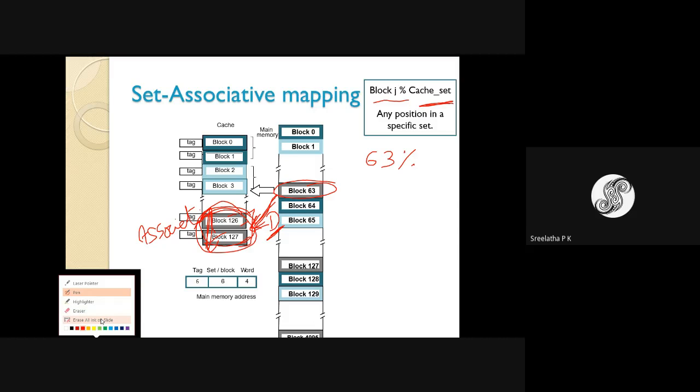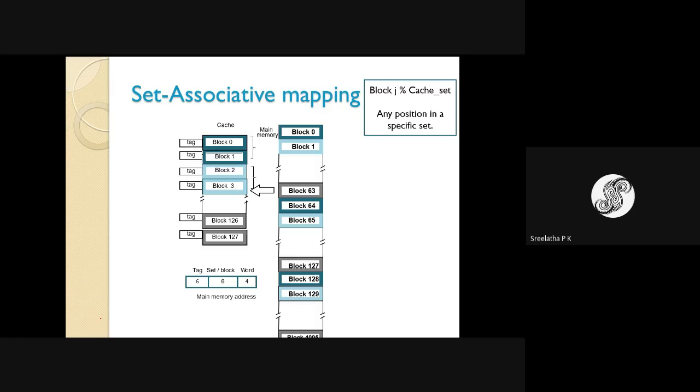Now, what is a set? I have told you a set is a group of blocks in cache. As per this example, there are 128 blocks, and 2 blocks form one set.